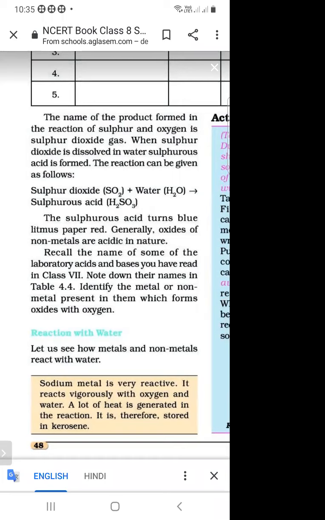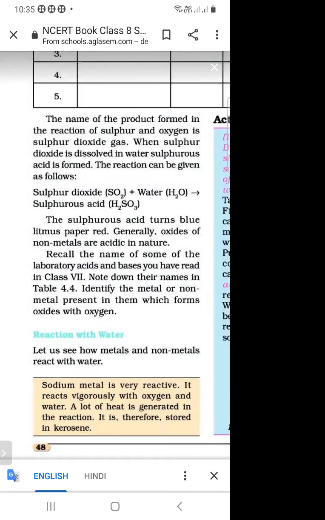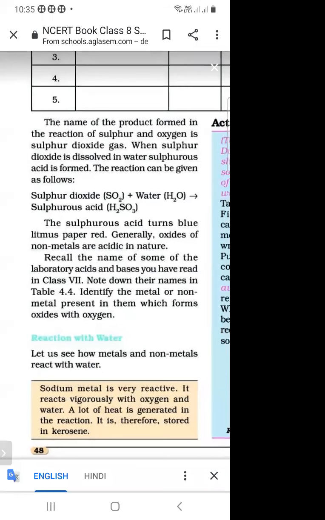And why do we store it in kerosene? Because sodium metal is a very reactive metal. When it reacts with oxygen and water, a lot of heat is generated and it can create an explosion also. So we store this metal in kerosene.